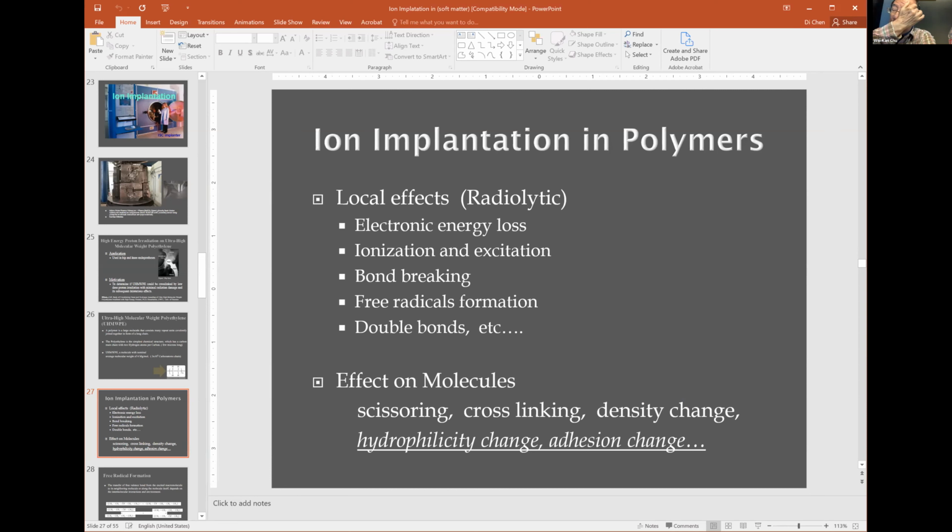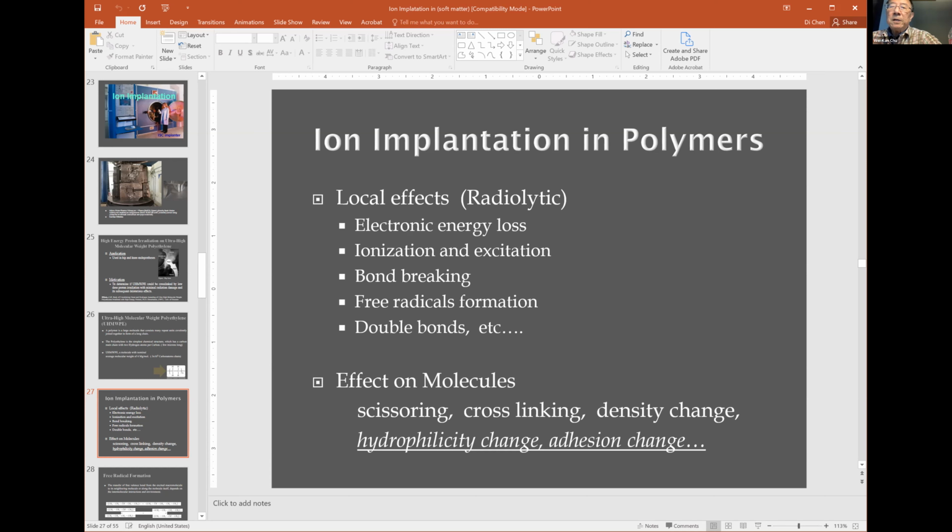So if you start with a polymer, the polymer will be ionized. There could be bond breaking and also cross-linking, radiation damage and repair, and so on. This is a very interesting part.